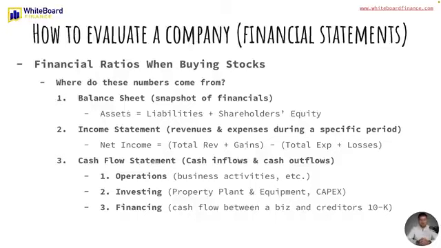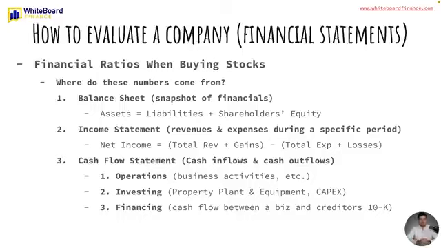We'll break this down further later in the video. Income statement: this is the revenues and the expenses during a specific period, okay? So you have your net income totaling your total revenue plus gains minus your total expenses plus losses. That's your net income. So it's basically money in, money out. How much did I make after all the money I spent this year?